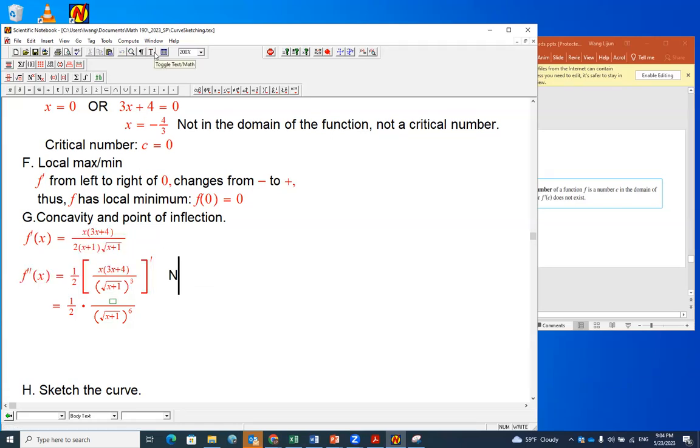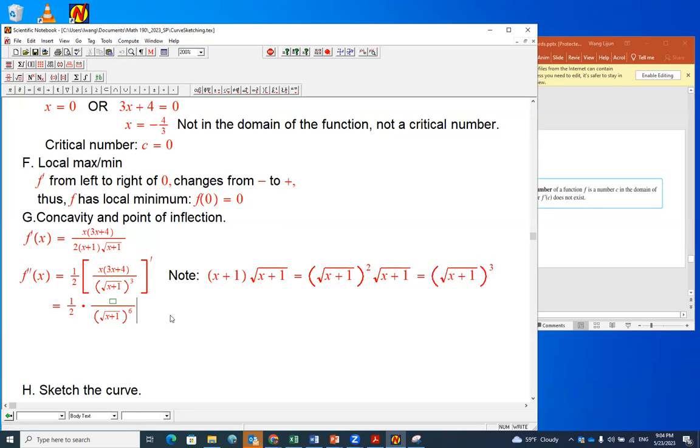I hope you guys are not confused. The reason we write it this way is because this piece is equal to the root squared, and of course, multiply that. That's how we get that root raised to the power 3.